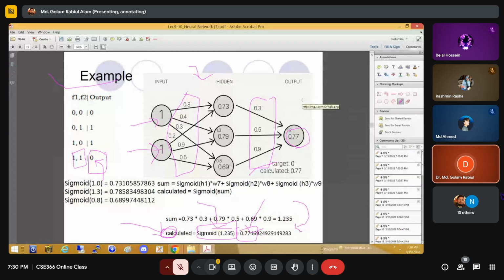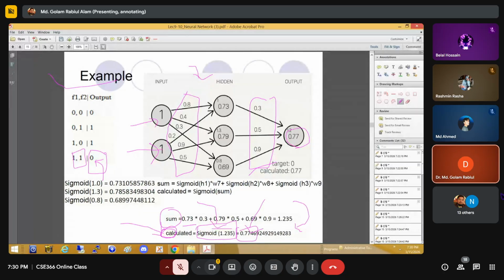So how can we change that? This sigmoid value, it will also depend on what? The sigmoid of 1.235. It comes from this equation.